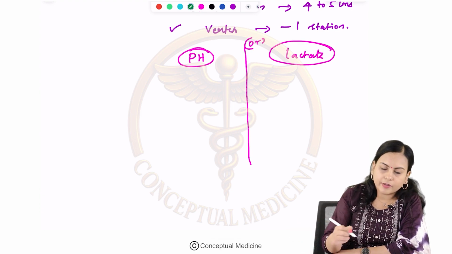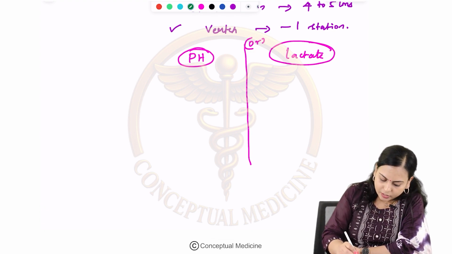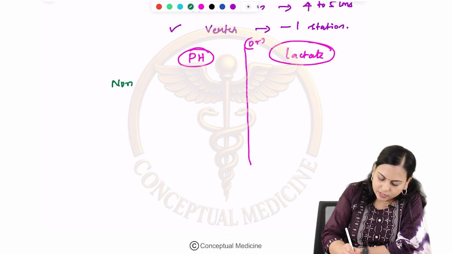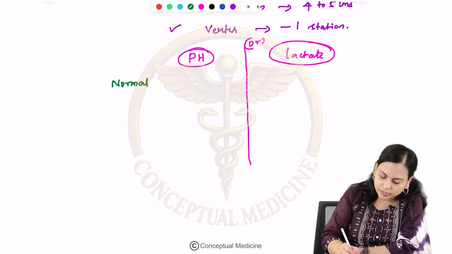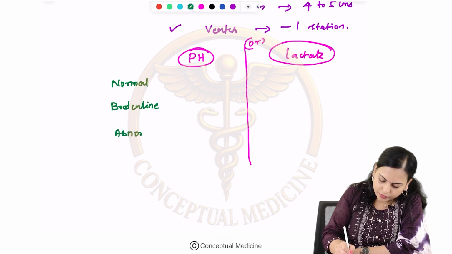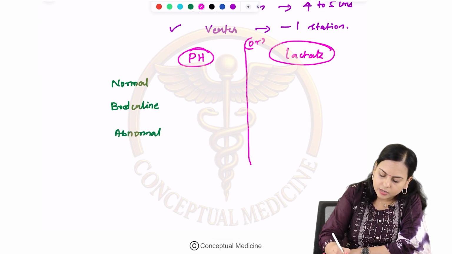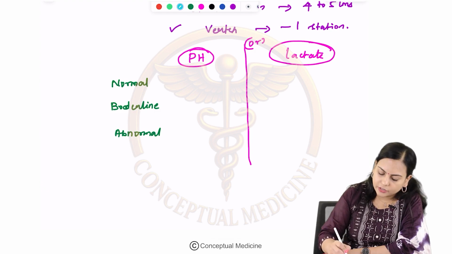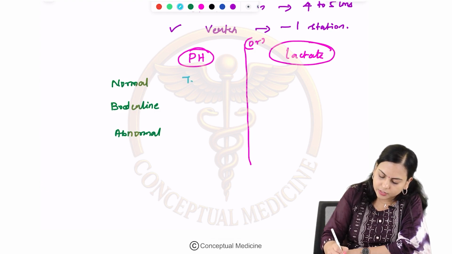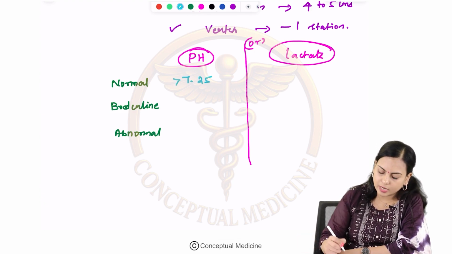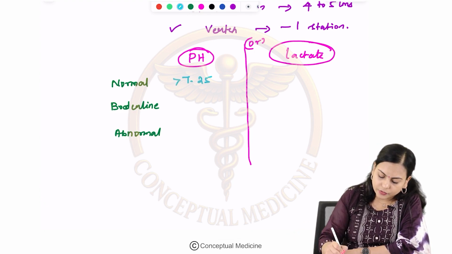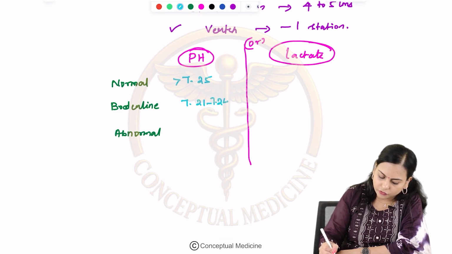Okay, but anyhow, I will tell you the reference ranges. See, the reference ranges are given as normal, borderline, and abnormal values. Okay, so normal range of pH is above 7.25, and borderline pH is between 7.21 to 7.24.